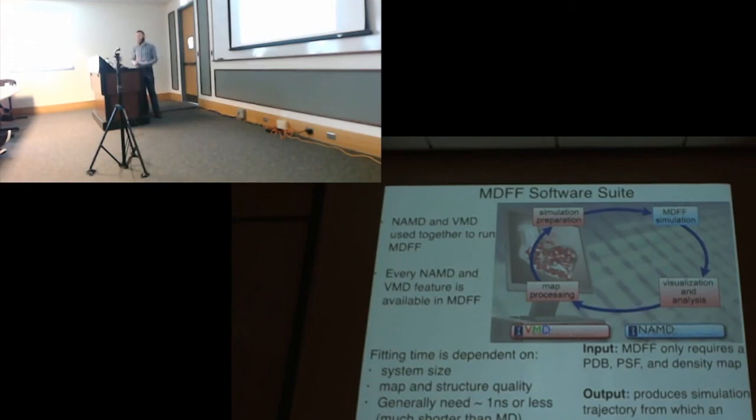So the same sort of things you would need for a normal MD simulation, except obviously you need a density map to fit it to, and you get the same sort of output where you have an entire trajectory coming out of an MD. So instead of having just one final good structure, you really have an ensemble of structures that you can then analyze for the best fit or best quality model that you got out of your simulation.